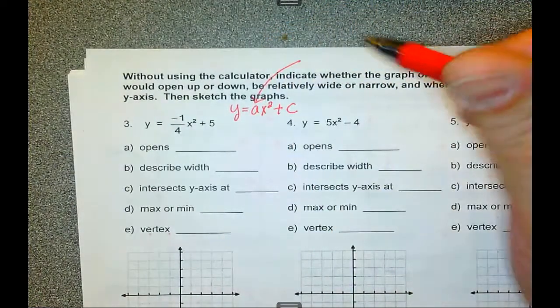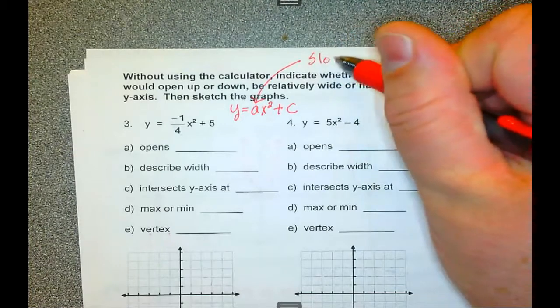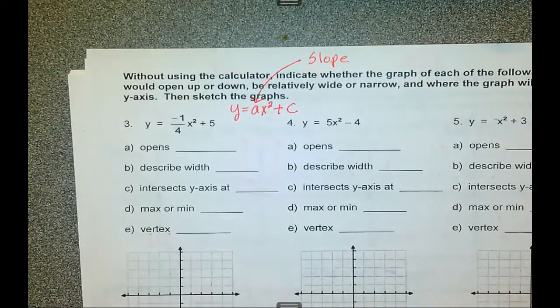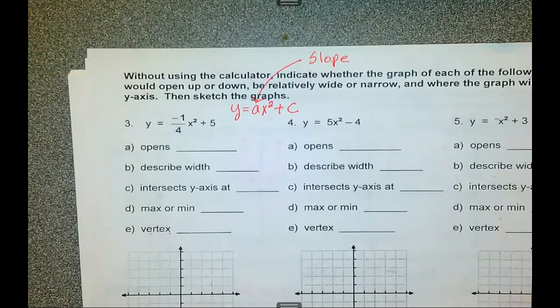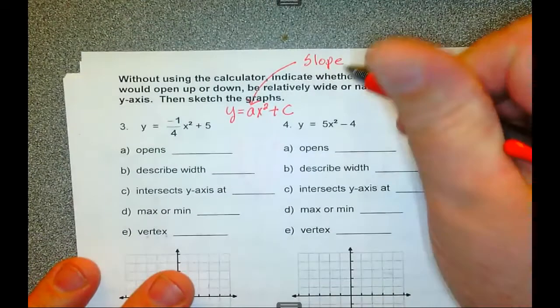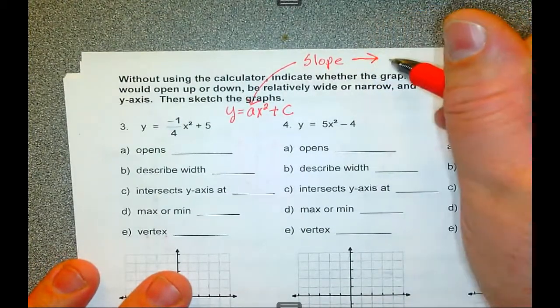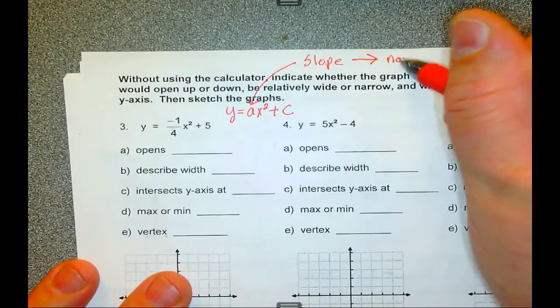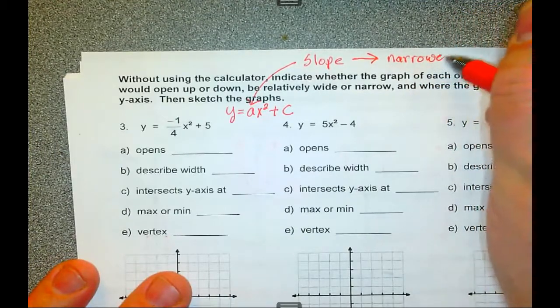And we did a lot of work with that. Remember, as the absolute value of a increased, what happened to our parabola? It stretched, right? It got narrower.